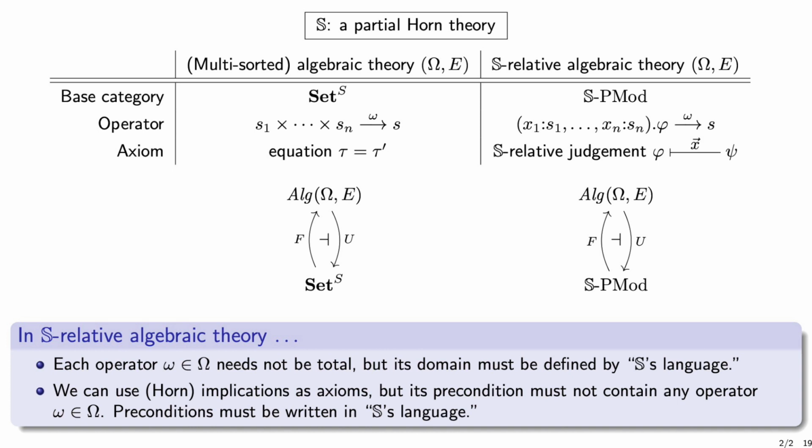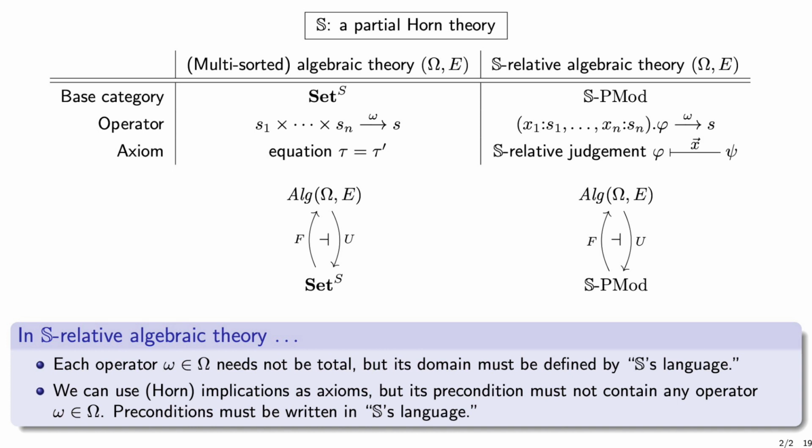Okay, now there are two important points about relative algebraic theories. First, each operation is not required to be total, but its domain must not contain any operator from omega. That is, its domain must be defined by the S language.